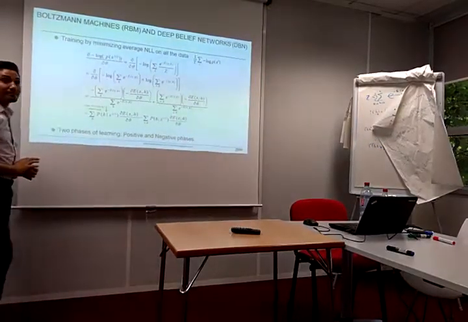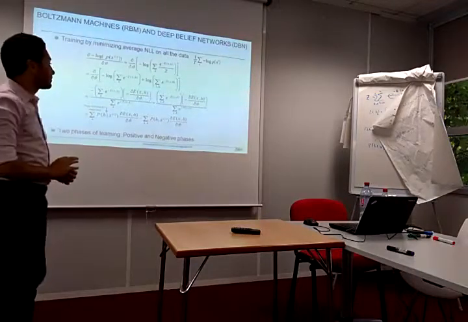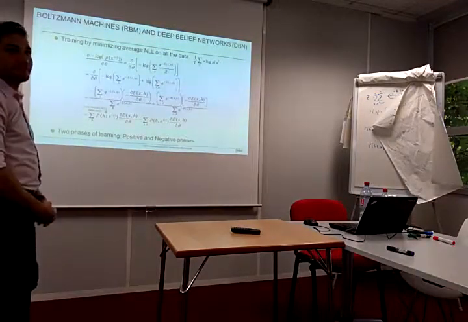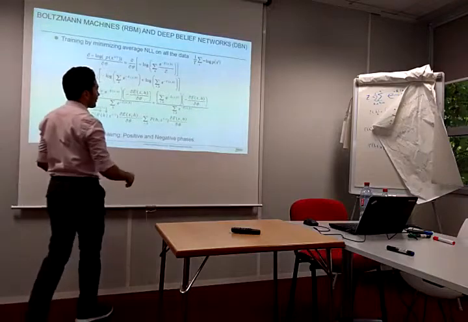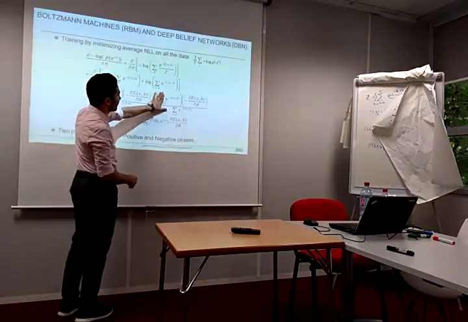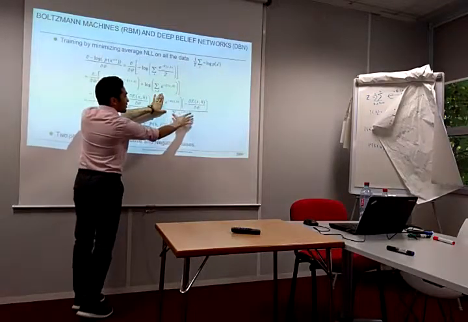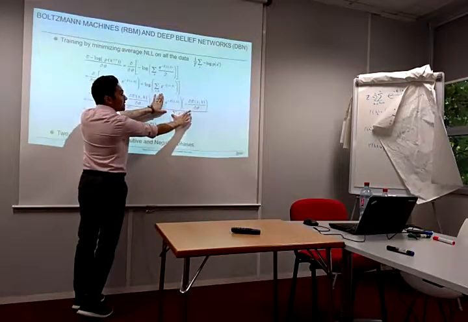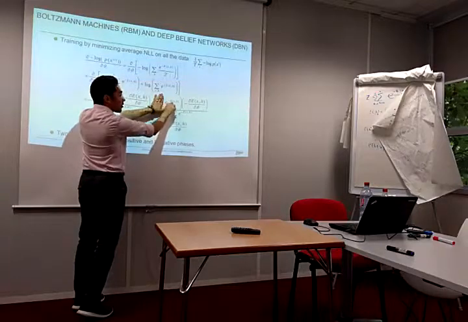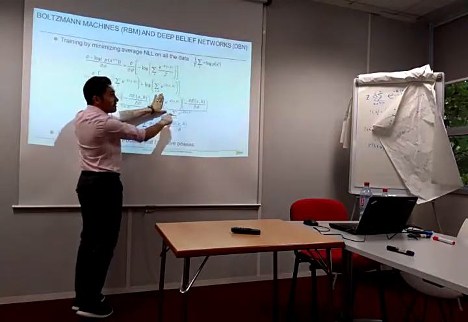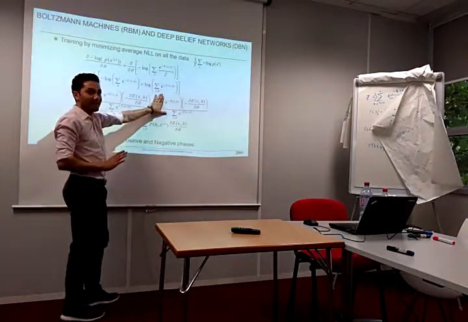Can we simplify, because here the numerator and denominator are the same? Here we have a summation over all possible values of x and h. So this is it. And here we have e to the power minus E. E to the power minus E over z is p of h and x.